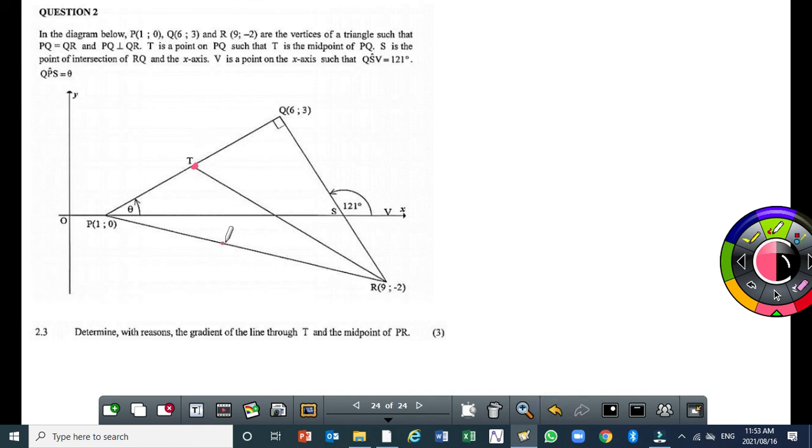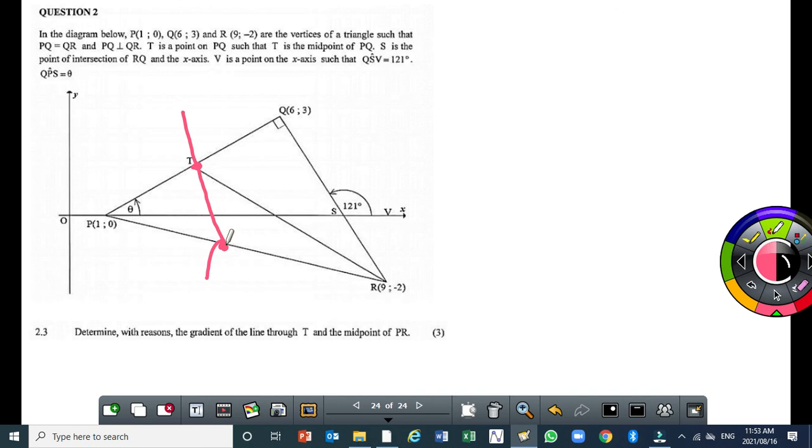What did you do in this question? So it's going to be parallel to QR. So it's going to be like that, right? So this is going to be a midpoint, that's a midpoint, okay?